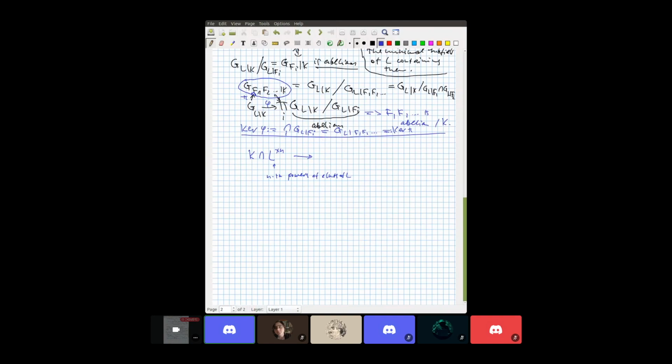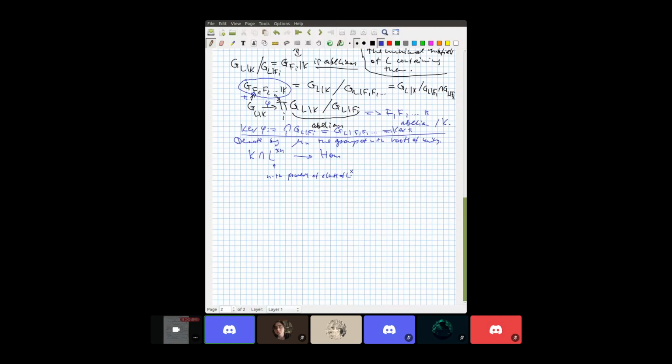So denote by mu n the group of nth roots of unity. And let us define the following map from this group. You see that this is a group, of course.